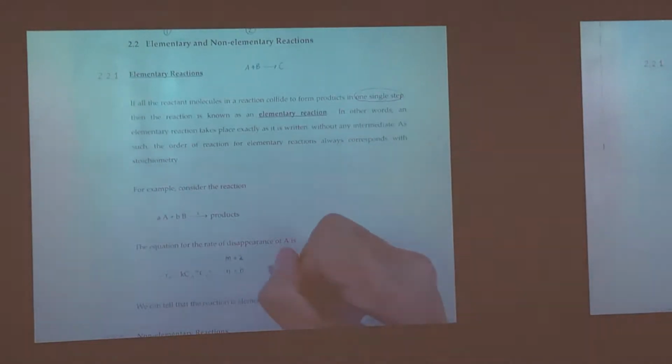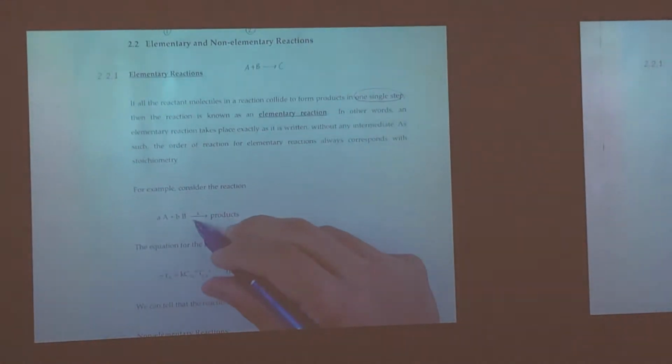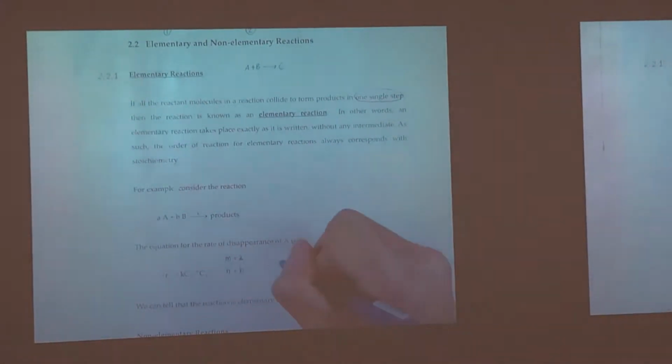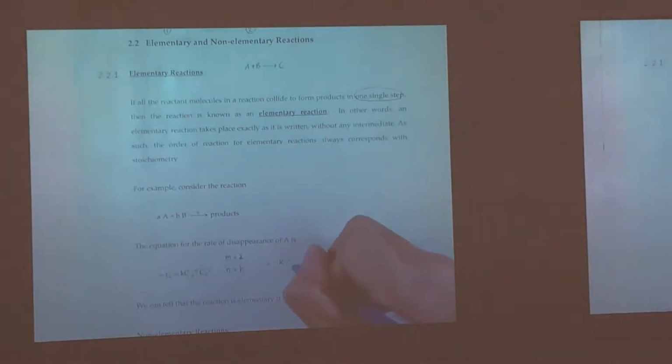So the rate of reaction of this reaction is k CA^a CB^b.